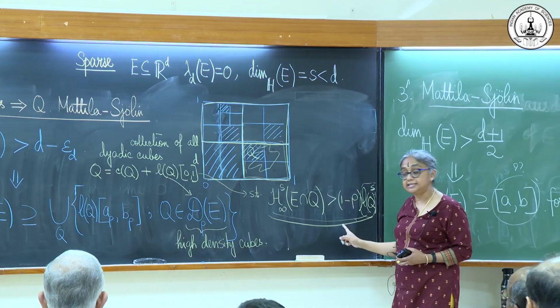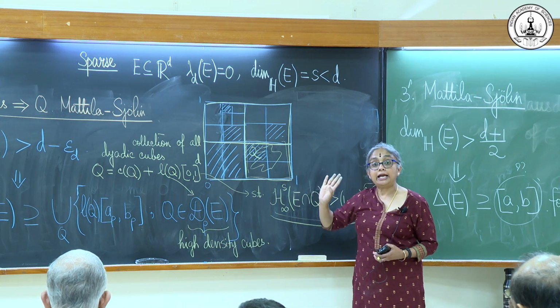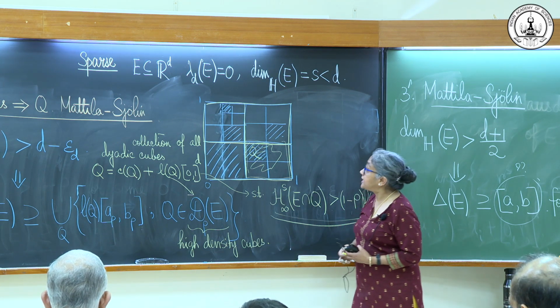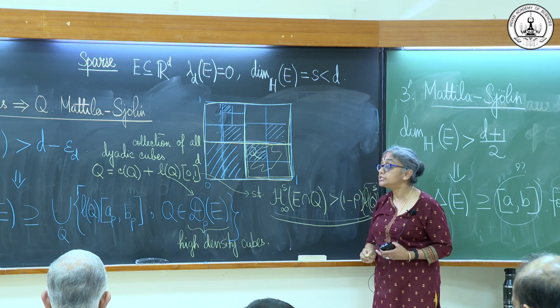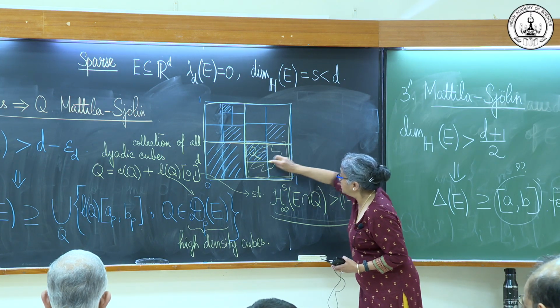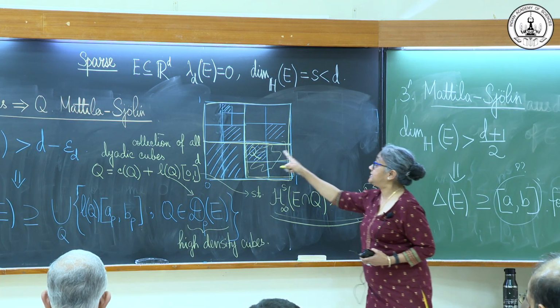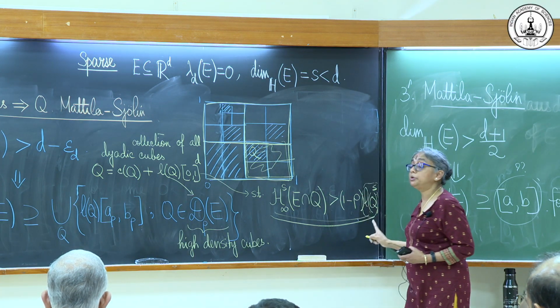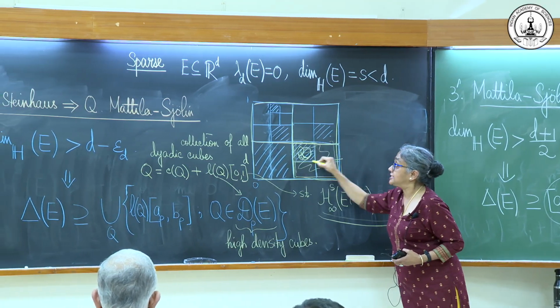Okay. If the answer is yes, you pick it. Otherwise, you don't pick it and you keep going. If something, for example this, was not picked, we split again, and for each of the descendants we ask the same question. Does E occupy a large proportion of this dyadic cube?